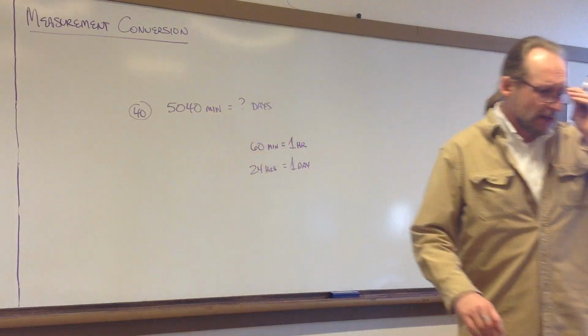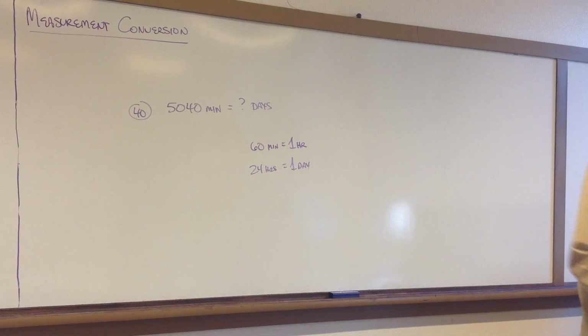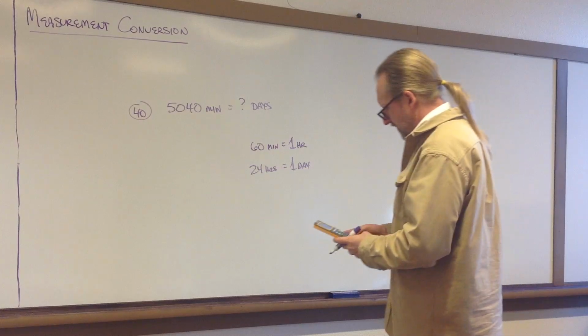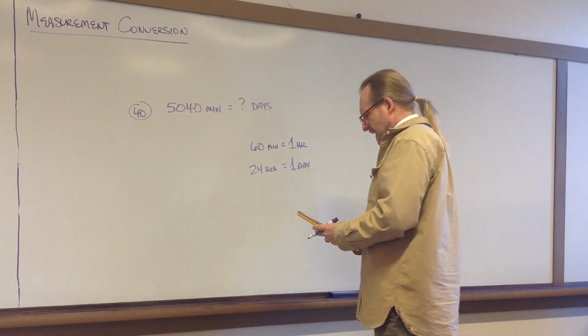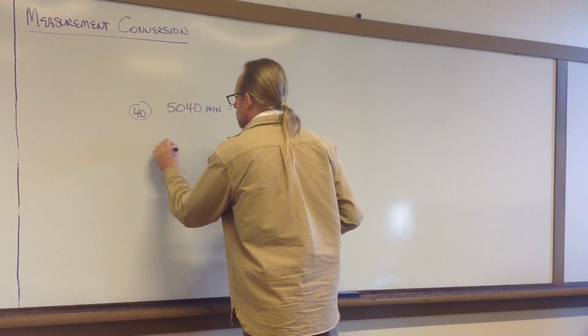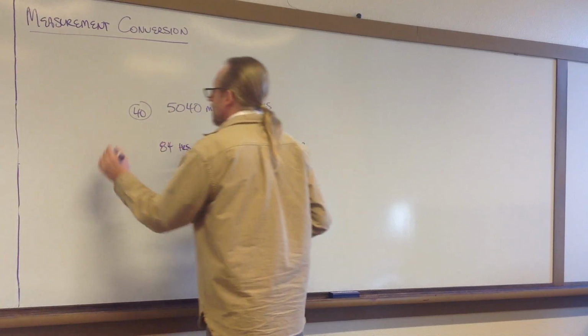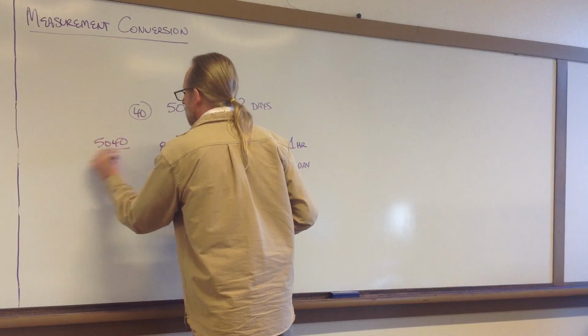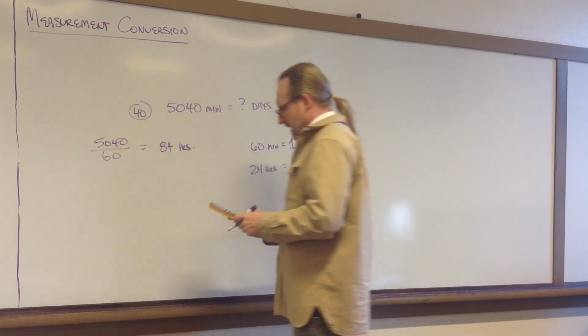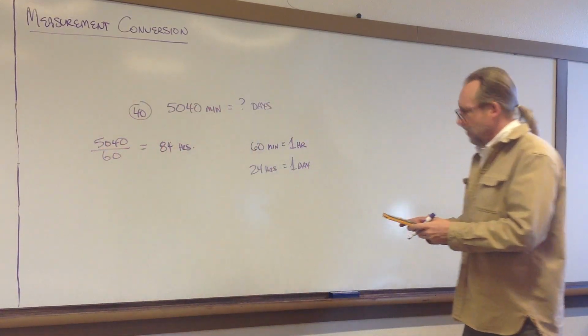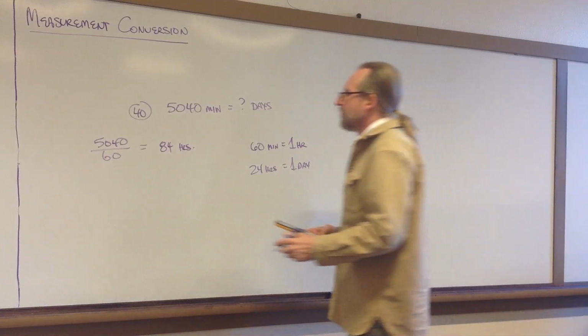Okay. So again, we can go ahead and divide 5,040 divided by 60. Says that this is going to be 84 hours. And that was by dividing. And then we'll take the 84 and divide that by 24.